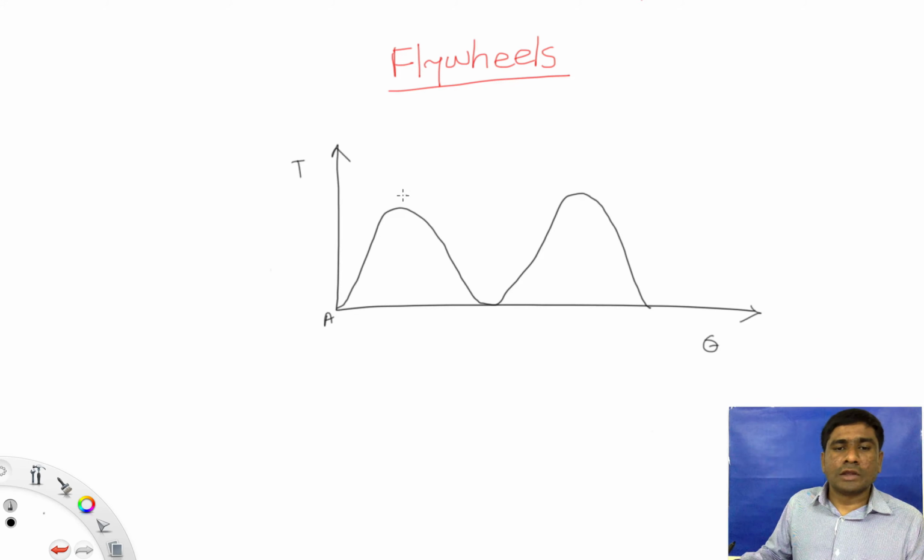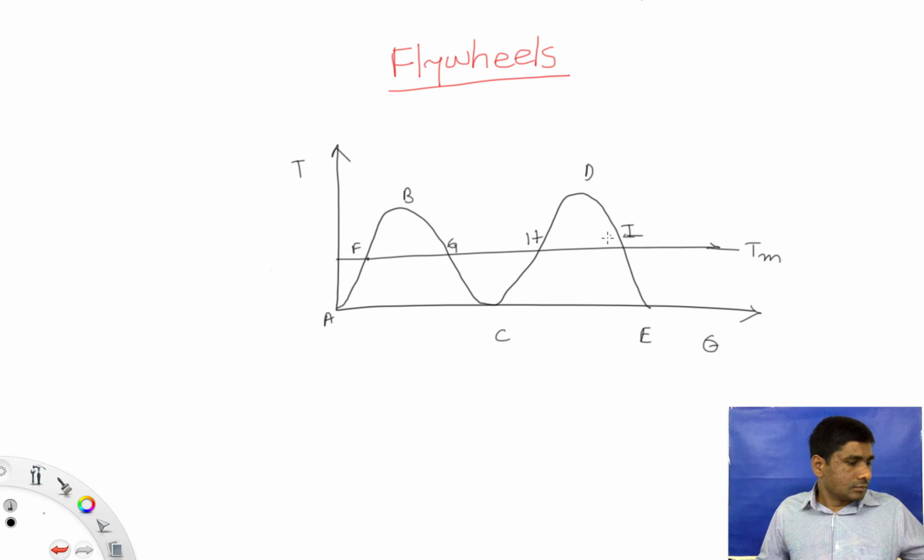For example, this is the point A, B and C, D, E, and this is the mean torque, and this is F, G, H, I.